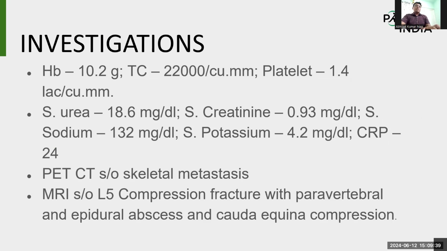On investigations, she had an increased total count of 22,000 per cubic millimeter and raised CRP of 24. Otherwise, all other blood reports were within normal limits. The PET CT showed skeletal metastasis. MRI was suggestive of L5 compression fracture with paravertebral and epidural abscess and cauda equina compression.